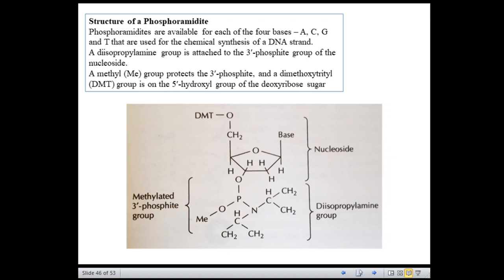So this method of chemical DNA synthesis is called the phosphoramidite chemical DNA synthesis method.